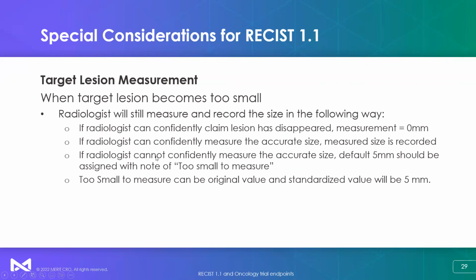If radiologists see a lesion that is really small, but they're not confident to provide an accurate size on the form, then they should record too small to measure. And by default, this will turn into a 5 millimeter placeholder value. And this 5 millimeter will be used to calculate the sum of diameters in that case.